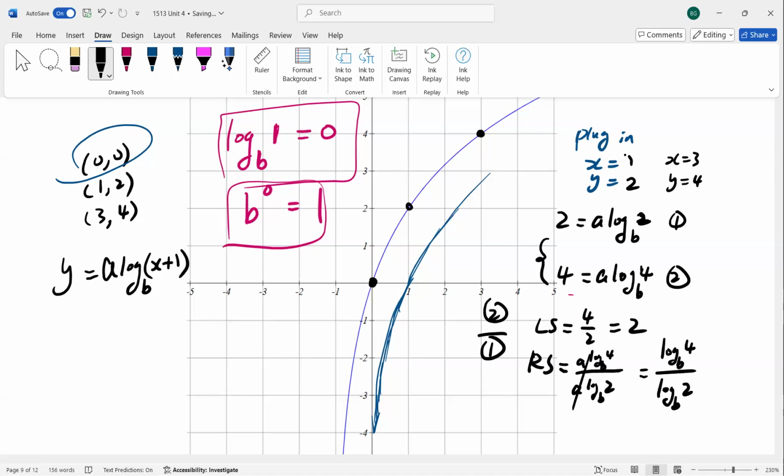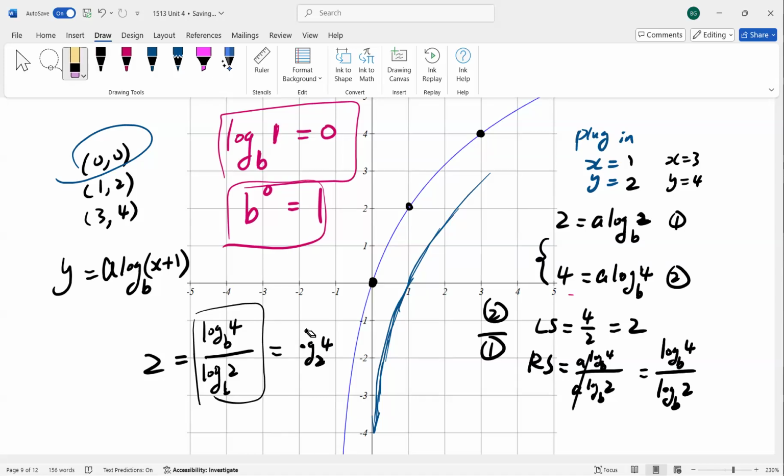Then the left side is 2. Right side is log with base b 4, log with base b 2. And this actually gives log with 2, with base b 2. Hold on, this doesn't help us.